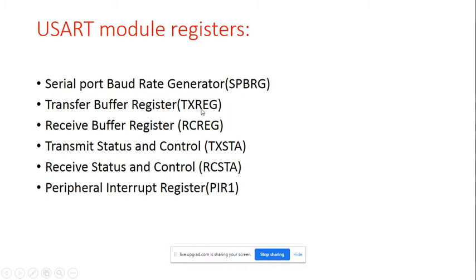When all 8 bits are out and it becomes empty, only then will the PC send the next data and place it into this register. Similarly, when all data is out, it will interrupt the controller, or the PC, through the peripheral interrupt register.